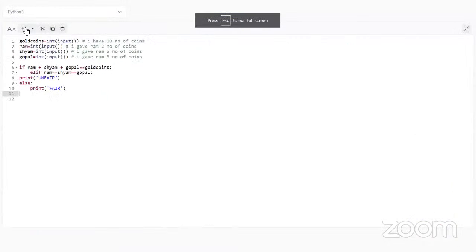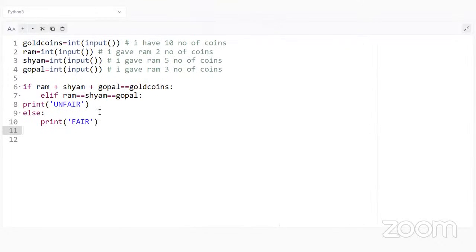Please maximize this. Okay, great, sir. Thank you. So if Ram plus Sham plus Gopal equals gold points, that is okay. Then what you should be doing is not elif. It should not be elif, right? You are inside the if block.